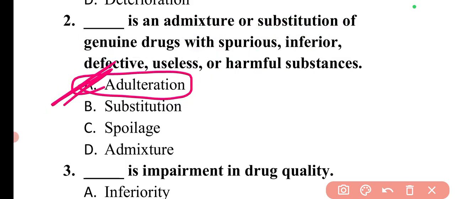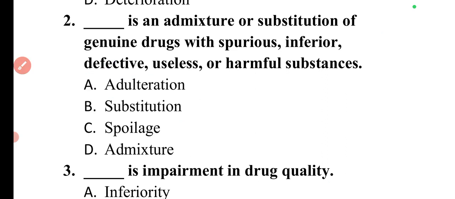So here option A is the correct answer. In a later question, you will get the definition of substitution, and then you will be clear about the difference between adulteration and substitution.